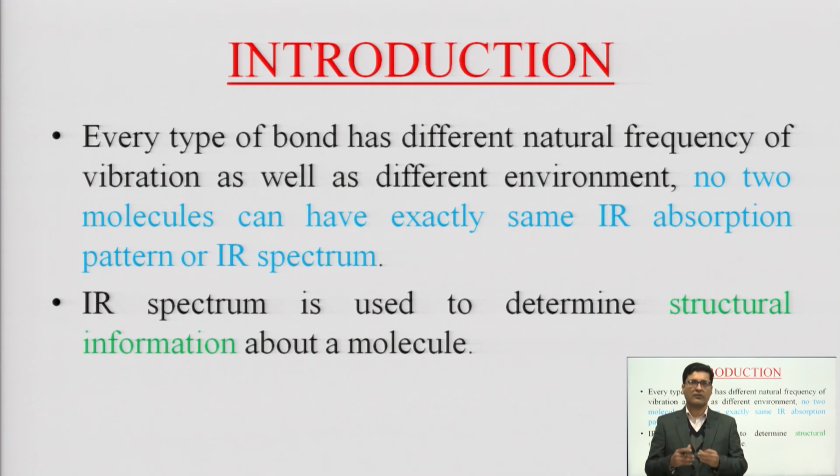Every type of bond in a molecule experiences a different environment, a different field, and for this reason their natural vibrating frequencies differ from each other, and so the light absorbed by that particular type of bond will also differ, and that forms the basis of the identification of any molecule.